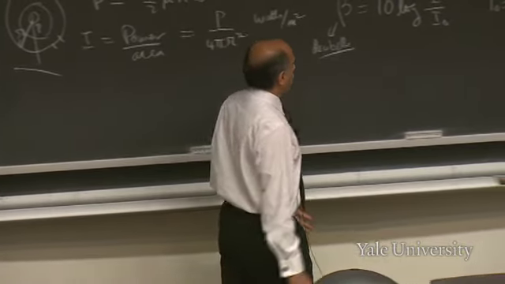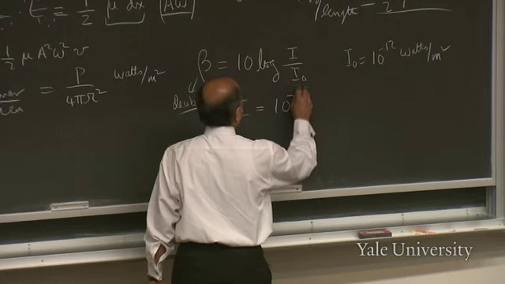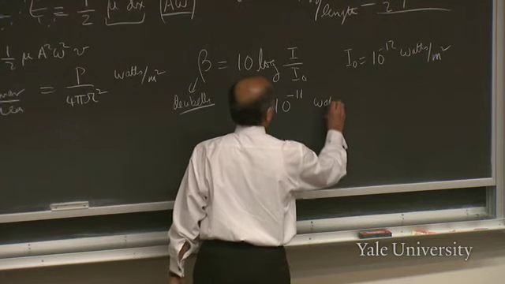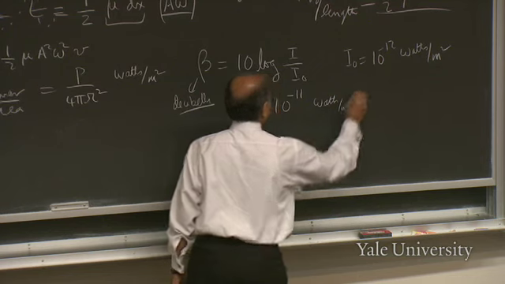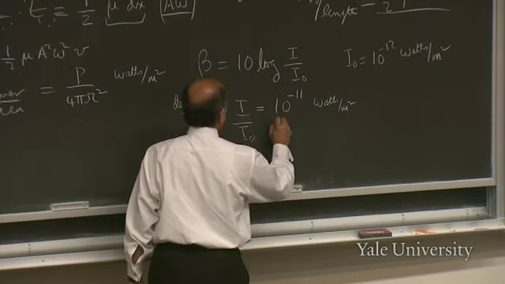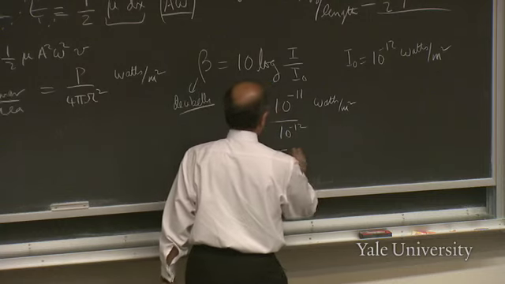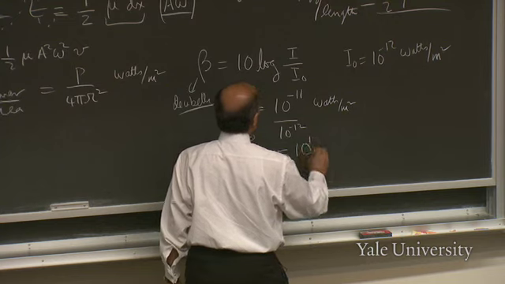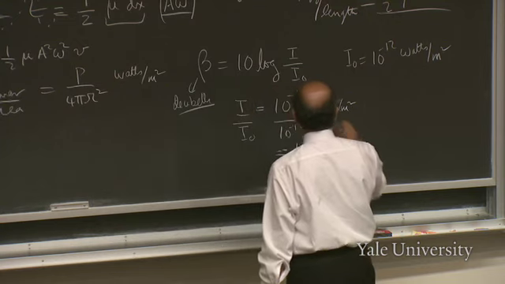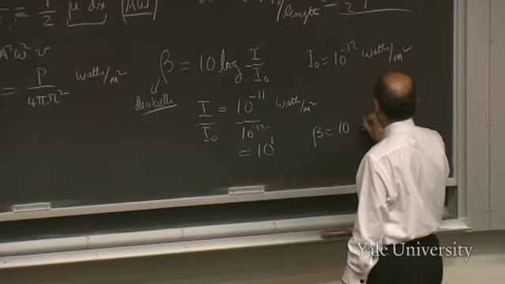So for example, if the power coming to me was, say, 10 to the minus 11 watts per meter squared, then I over I naught will be 10 to the minus 11 divided by 10 to the minus 12, which will be 10 to the 1. And log of 10 to the 1 is just 1, and beta will be 10 dB.